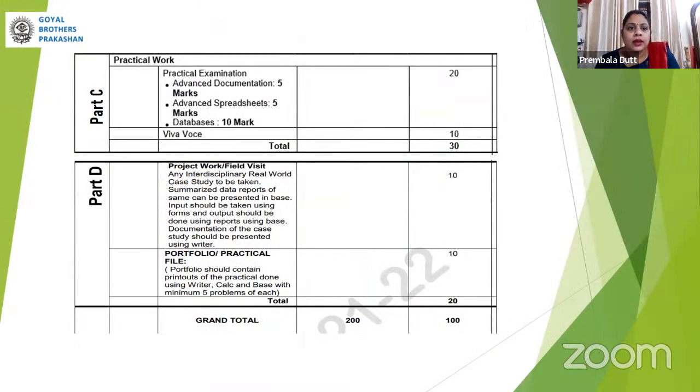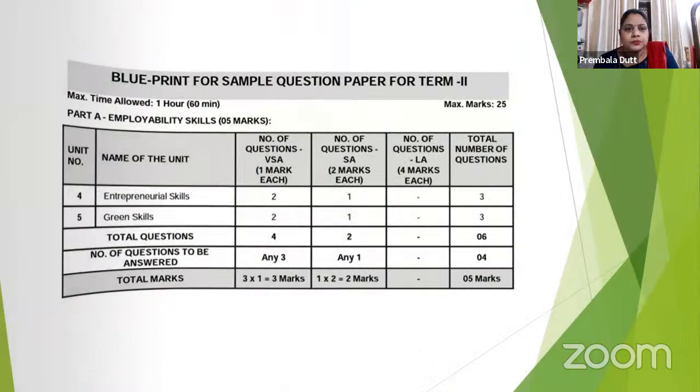Then we have the hands-on activity on the database, that is MS Access. The child needs to understand what a database is and the key pointers for a database, for example degree, cardinality, and the other names for column and rows, all of which we'll be covering.